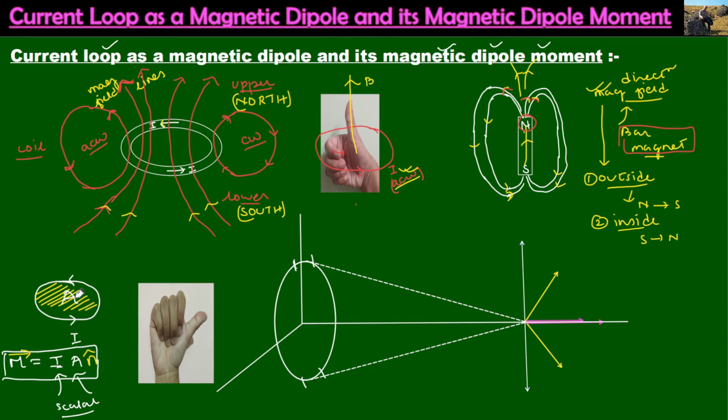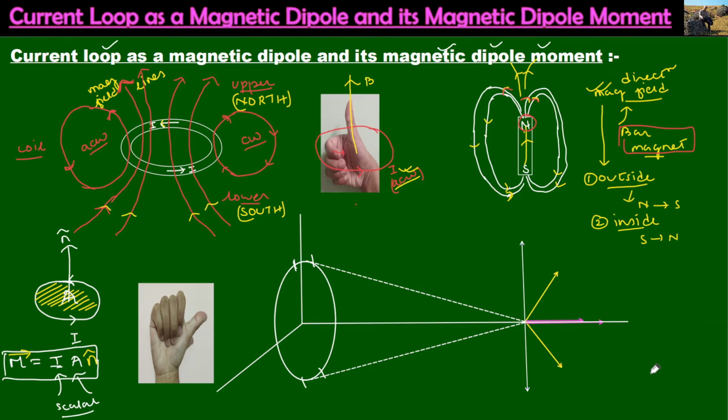So if this is the area of the coil, the direction of the area element vector is always perpendicular and upwards. That means this is the direction of our area element vector, represented by the unit vector n cap.